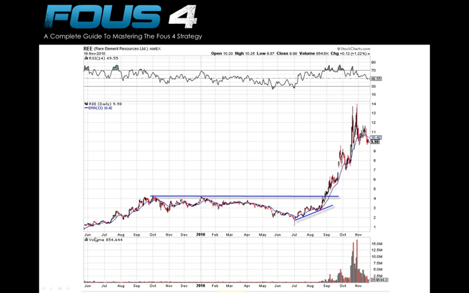So this is not really a triangle formation, but as I said before, almost all breakouts, leading into the breakout, there's a triangle formation. So as you can see, the ascending trend was formed here, and as soon as this $4 area was broken, this was a huge buy signal here with volume increasing, and this led to the stock going from $4 all the way up to $14 per share in just a few months.